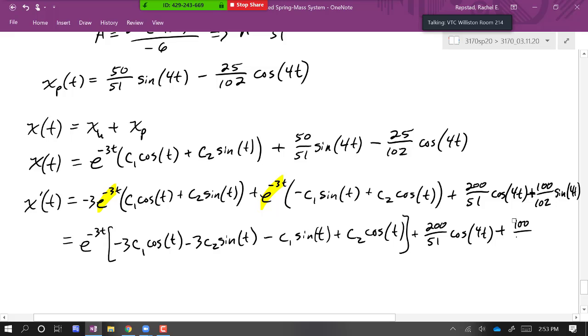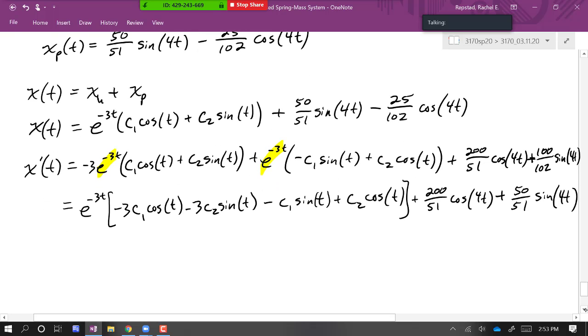Oh, that would be 100 over 102. I'll just call that 50 over 51. And do just a teeny bit more simplifying in the brackets here.